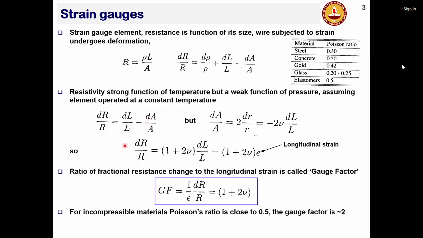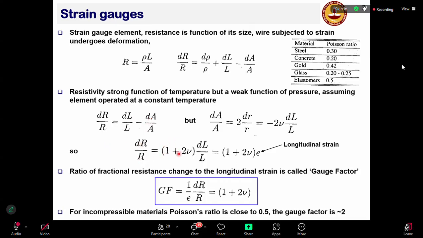When we do, we get dR over R will be equal to 1 plus 2 nu into dL over L. And dL over L is basically the longitudinal strain.